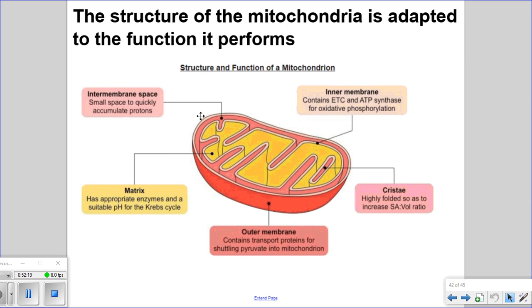And then the intermembrane space is going to be small, so it can quickly accumulate protons and create that high proton concentration gradient. And then here we have the matrix, so this is where the Krebs cycle occurs, and this will contain the appropriate enzymes and a suitable pH to allow for the Krebs cycle to occur.